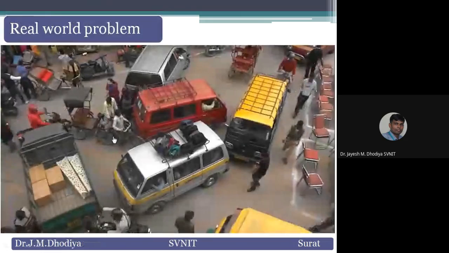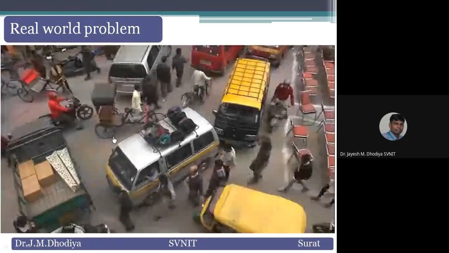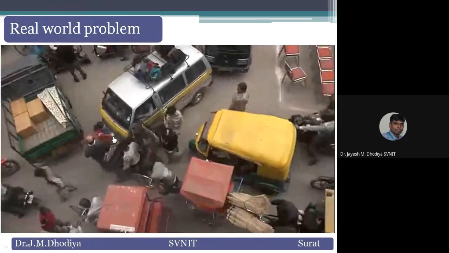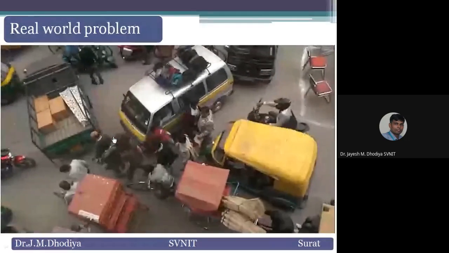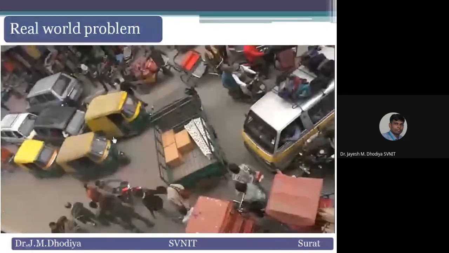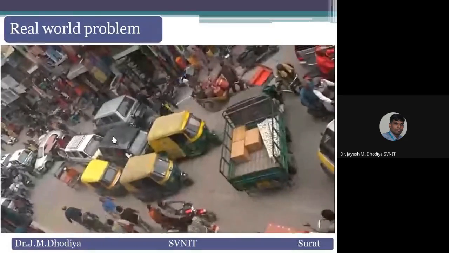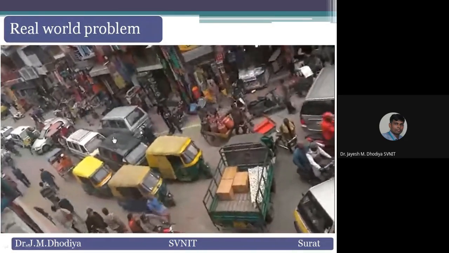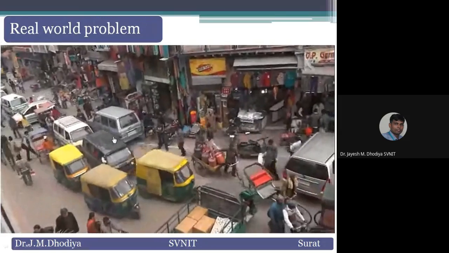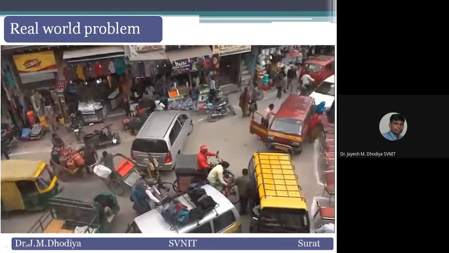Indian transportation condition. This is the reality of India. This is the Indian scenario. If we want to reach from one point to another point within minimum time, with minimum cost, with minimum risk, and maximum quality of transportation services, then how can we reach it?